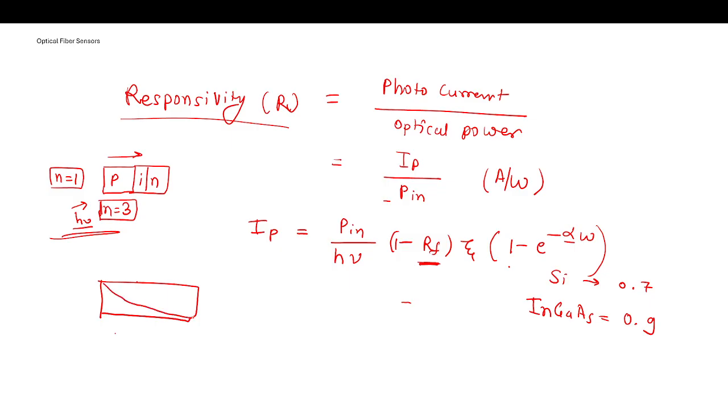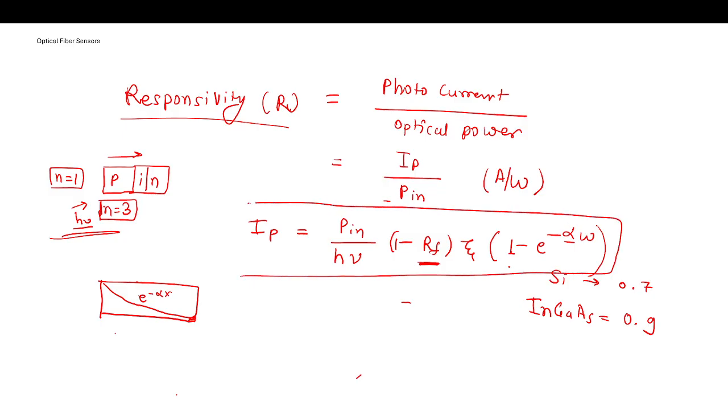So it will have an exponential decay, e to the power minus alpha x. This loss we need to subtract from 1, and the final equation will come like this for the photocurrent.